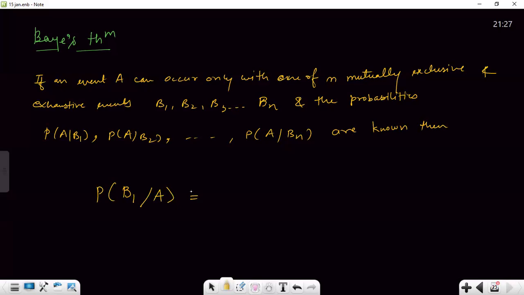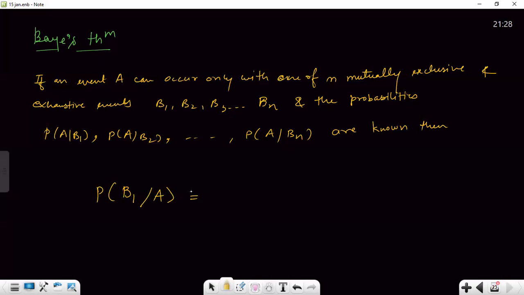Now actually it is like an event A can occur only with one of n mutually exclusive events. So it's like you have n choices and you have to pick one choice, and then only event A can occur. Okay?